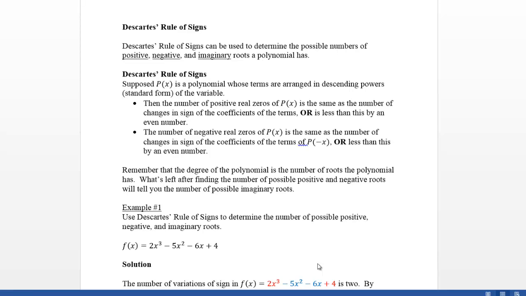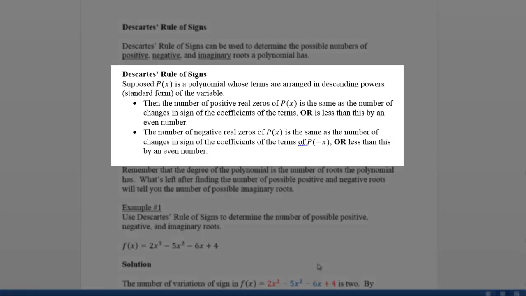And according to the amount of real roots, we could then predict how many imaginary roots a polynomial has. So if you look here at Descartes' rule of signs, it basically tells us this. If we write the polynomial in standard form and count how many times the sign changes, that will tell us how many positive real zeros there are in the polynomial, or it could be less than that amount by an even number.